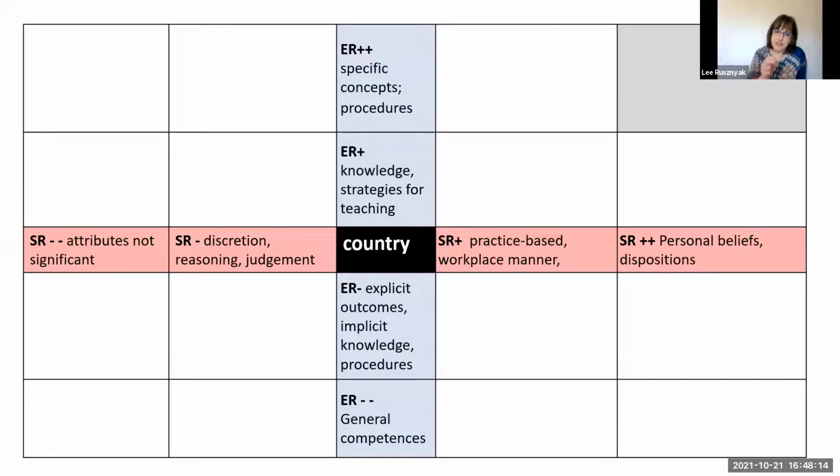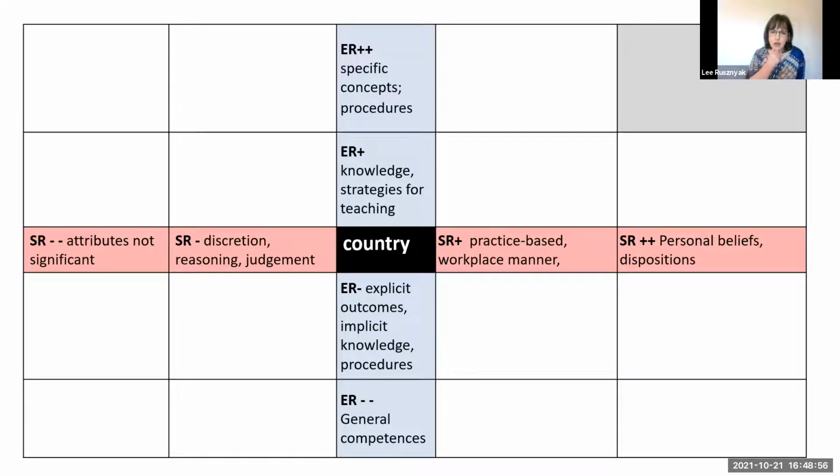Where specific concepts and particular procedures are mentioned by name, things like cooperative learning strategies or formative assessment or PCK, or technical or theoretical concepts that are named, we coded that ER++, stronger epistemic relations. Where the criterion said the students need an awareness of, or knowledge of, or understanding of, then we coded that ER+.